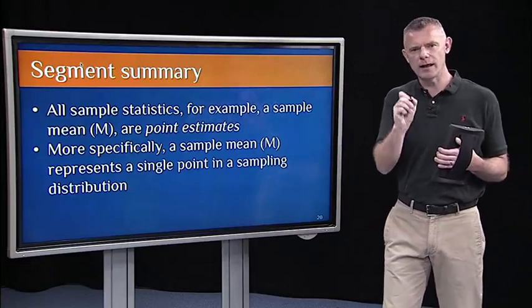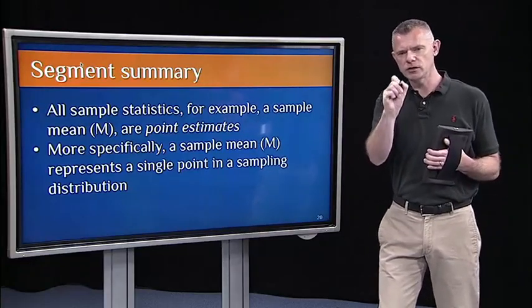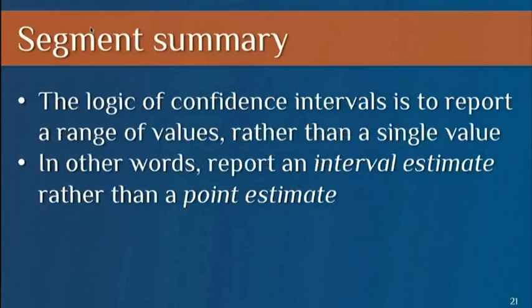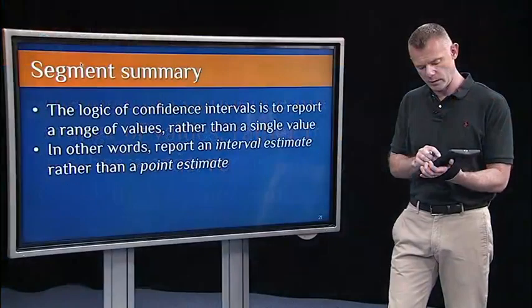So you should know that any one sample is just a point estimate in that possible sampling distribution. So any one sample mean represents 1 point in a larger distribution. So the logic of confidence intervals is to report a range of values rather than just a single value. And in statistics, that's called reporting an interval estimate rather than a point estimate.